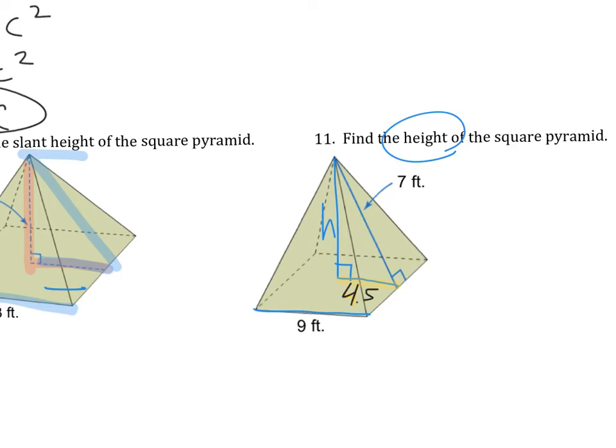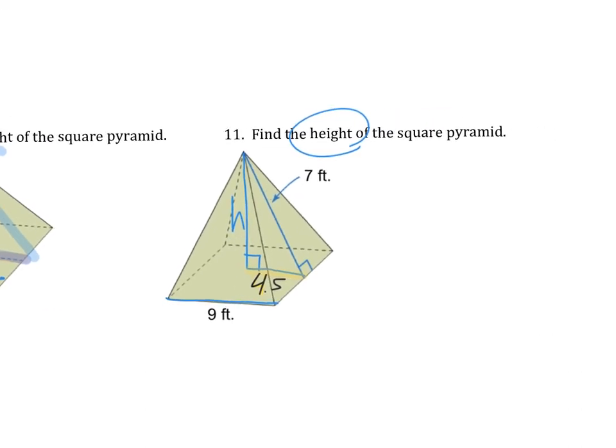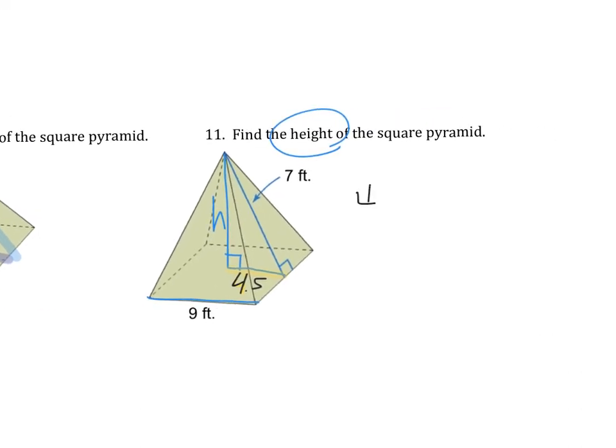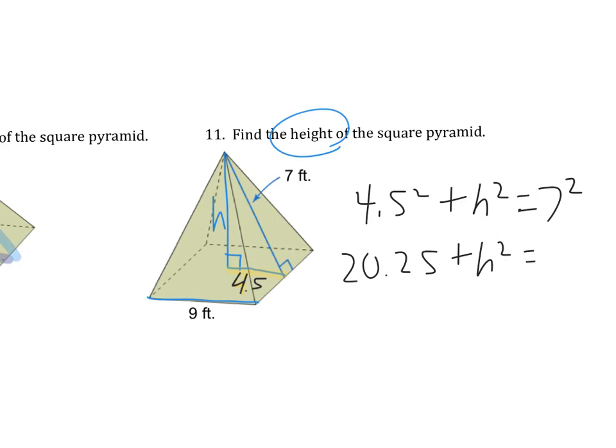That's a leg. 7's the hypotenuse, and I'm solving for the other leg. So when I plug in to solve here, I'm going to say 4.5 squared plus h squared equals 7 squared. 4.5 squared is 20.25. Plus h squared equals 7 squared, which is 49. Subtract 20.25 from both sides.